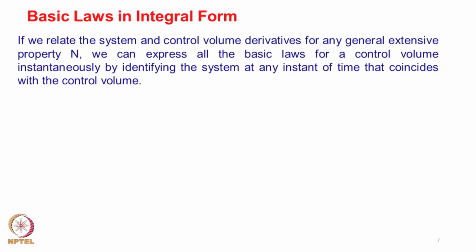To get an integral form, we can relate the system and control volume derivatives for any general extensive property N. Then one can get all basic laws by instantaneously identifying a system that coincides with the control volume. This is what is known as the Reynolds transport theorem.